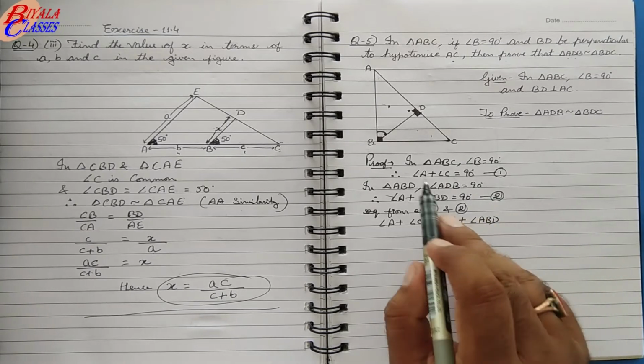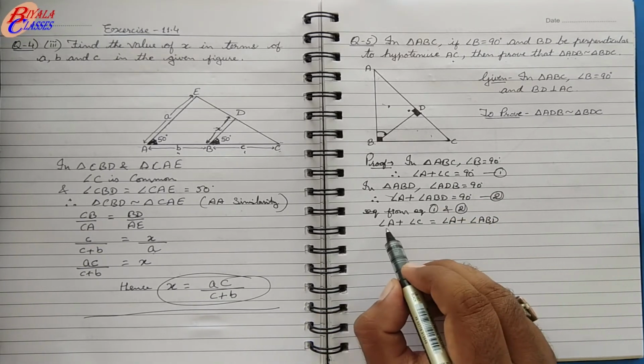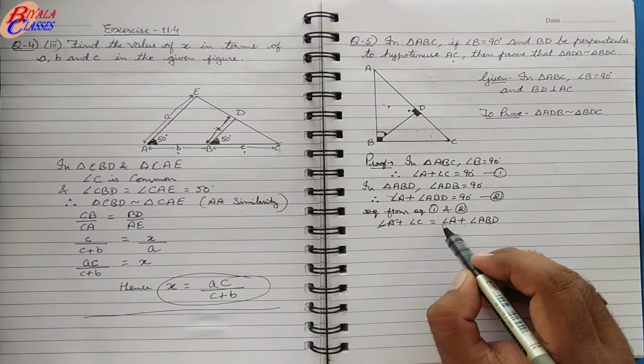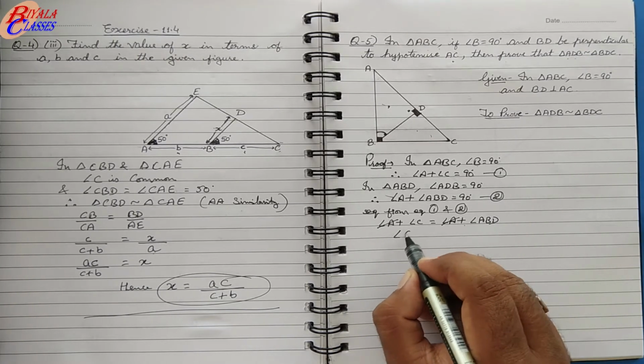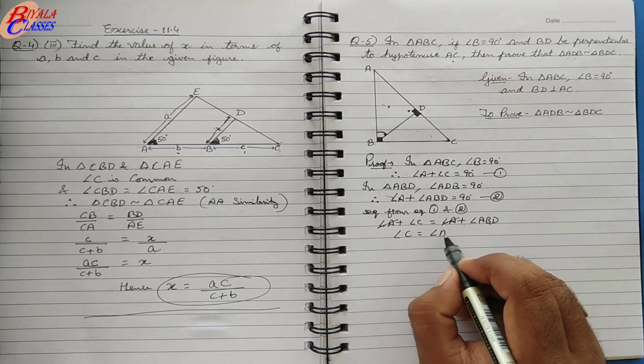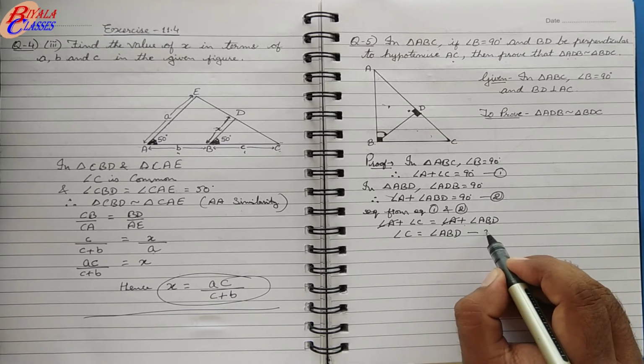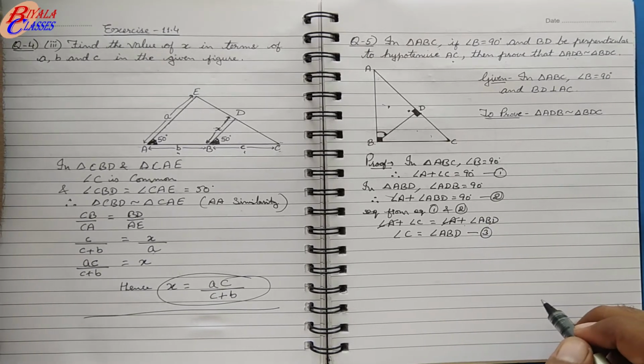Because their right hand sides are equal, left hand sides will also be equal. And here on both sides angle A is common, so it will be eliminated, and we have angle C equals angle ABD. Now this is what we have.